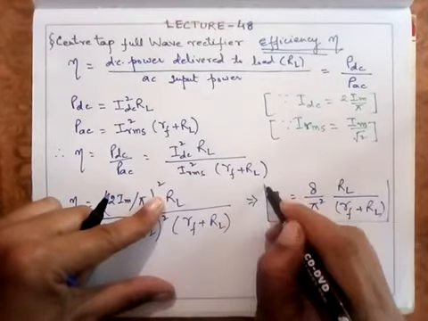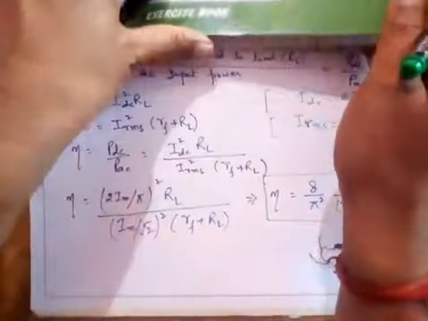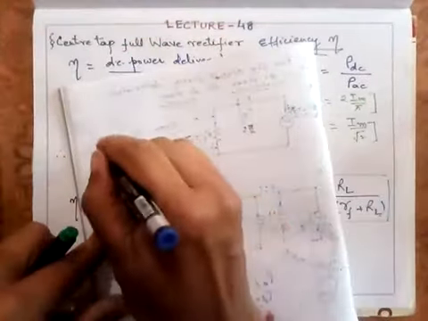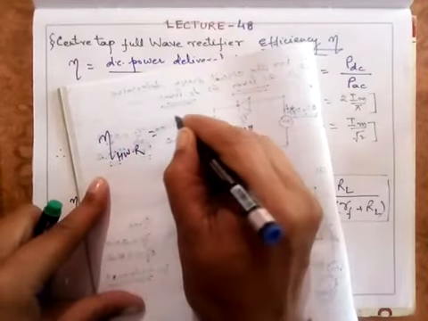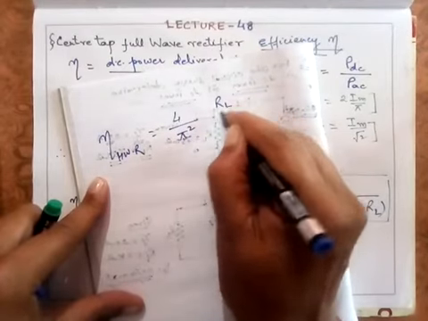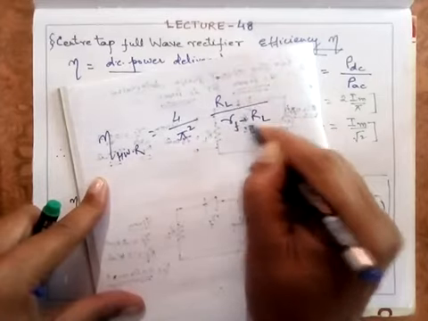If you remember the formula for the efficiency of a half wave rectifier which we derived, eta for the half wave rectifier is equal to 4 upon pi square into RL, the load resistance, upon the sum of forward resistance Rf plus RL.